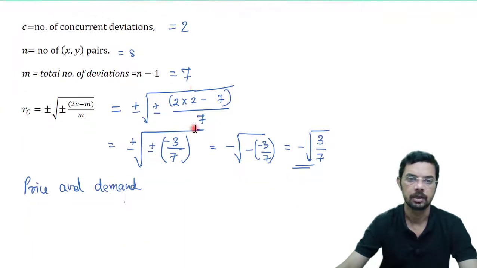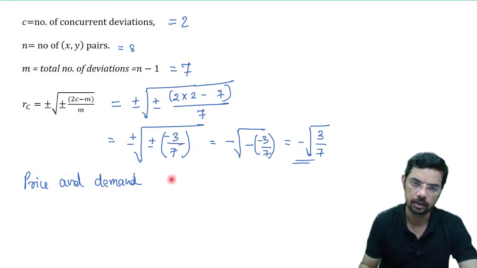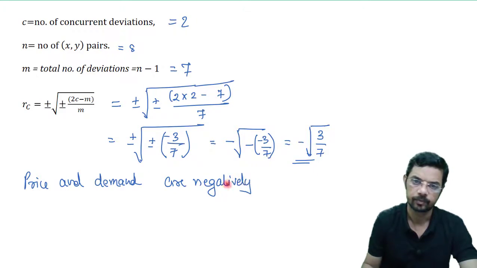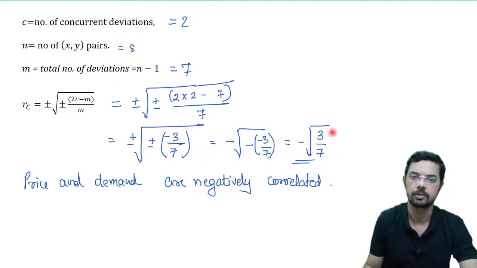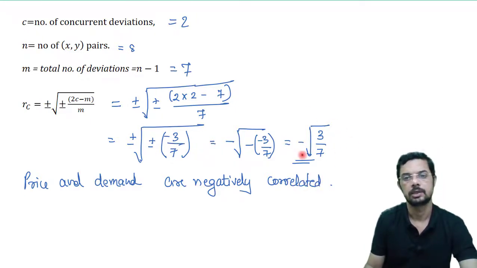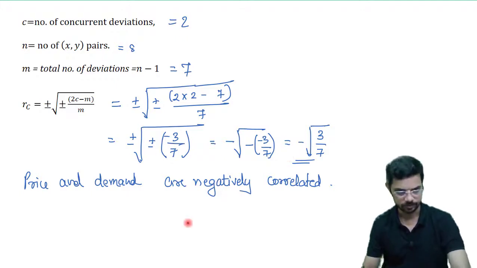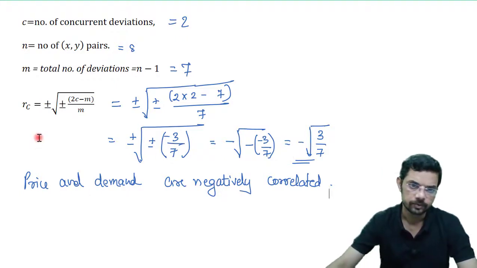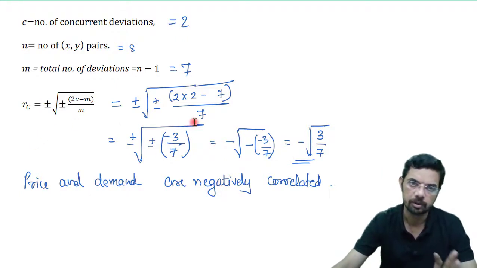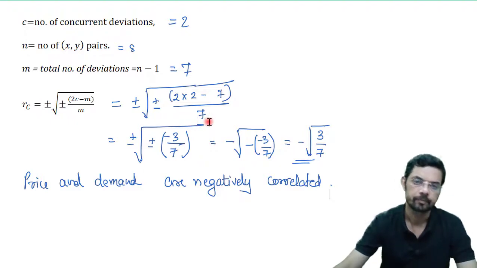So price and demand are negatively correlated, because this value is less than 0. That's it. All problems will be of this type only. Okay, thank you.